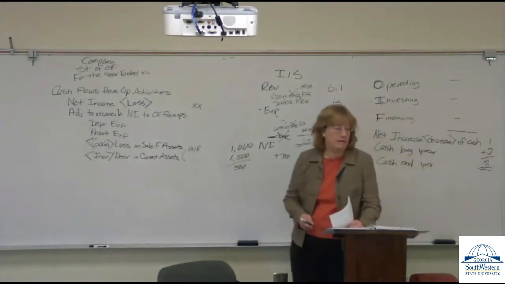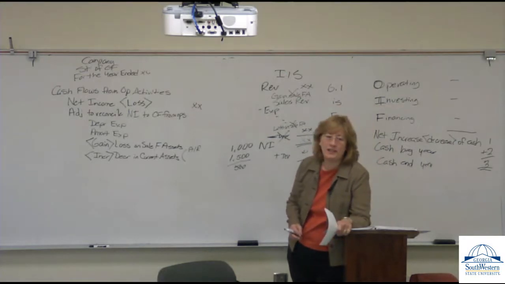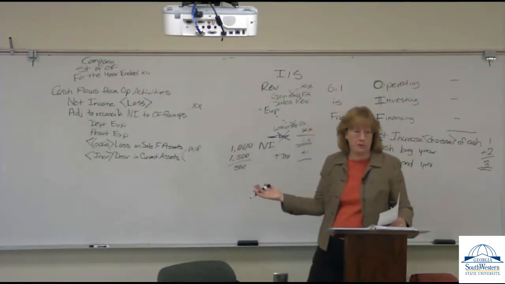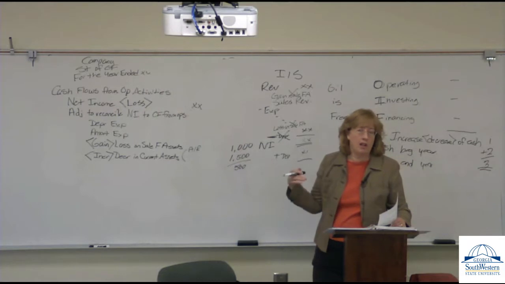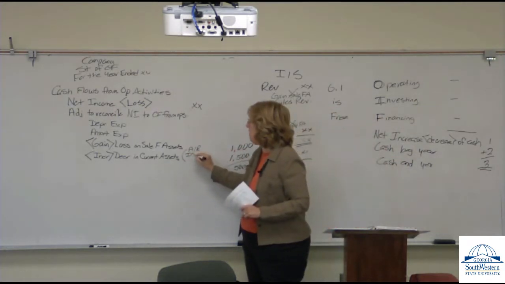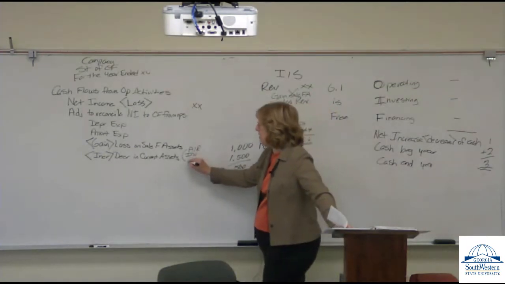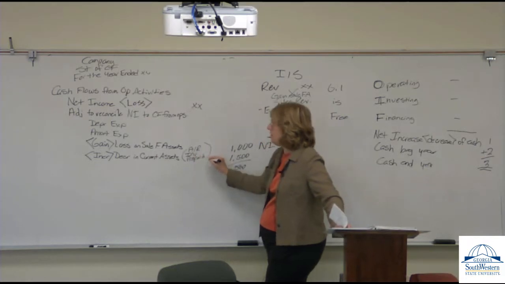Current assets? Anybody? What example? Yeah, examples. Rent receivable. All right, okay, so any kind of receivable. Supplies. That would be like an inventory item, any kind of inventory item. And prepaids. These are our main kind of current assets, okay?